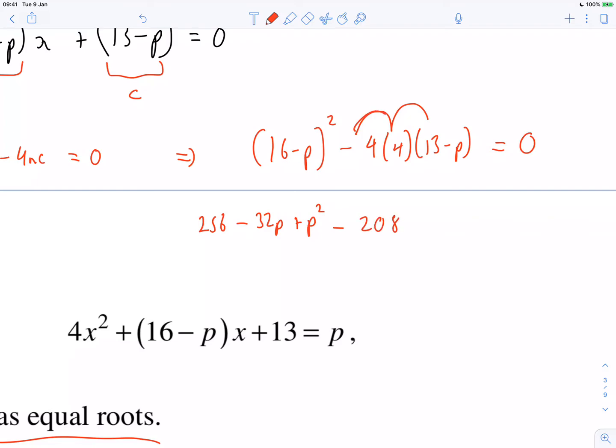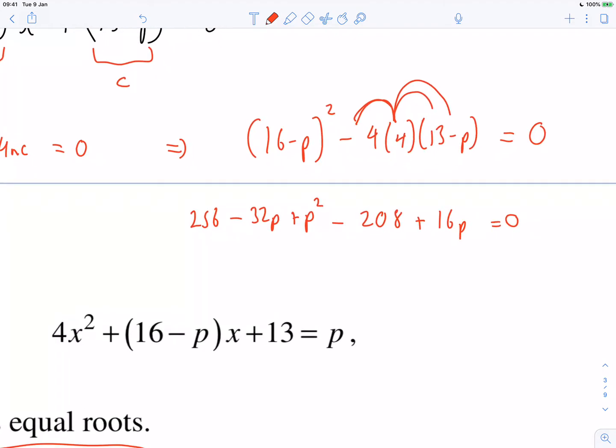And then minus 4 times minus p is going to be plus 16p, and that equals 0. Interesting. Well, let's tidy this up. I've got a p squared, done. I've got a minus 32p and a plus 16p, so that's minus 16p, done. Then 256 minus 208, that's just 48, isn't it? So that's plus 48 equals 0.